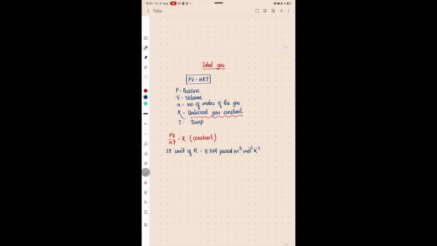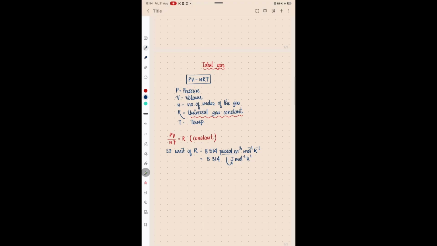Now if I want to change it to joule per mole per Kelvin, then what will be? It will be 8.314, right? Pascal per meter cube is joule.